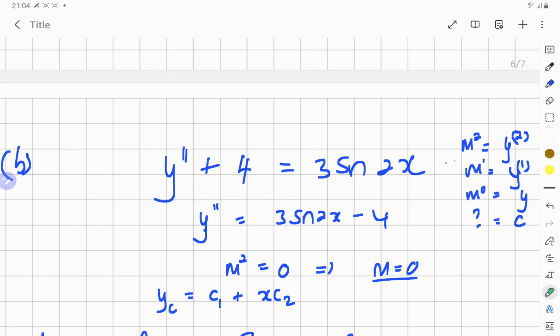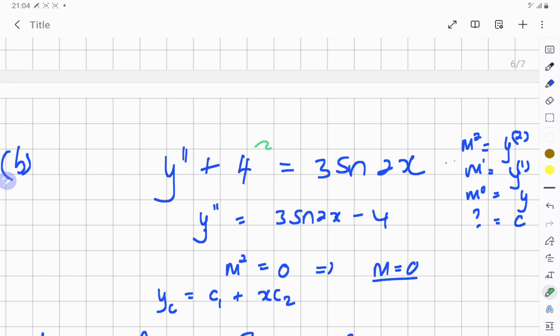Now just recall what I've mentioned a lot in the previous videos. When we do our auxiliary or characteristic equation, the second derivative of y is m squared. The first derivative is m. And then when we have y, we will just have m to the 0, so it's just 1.